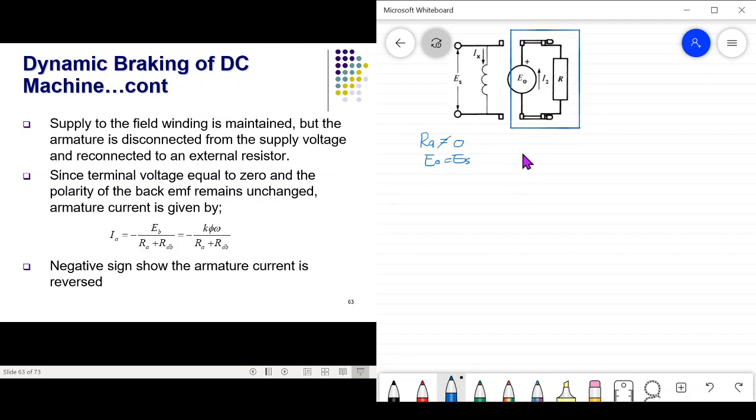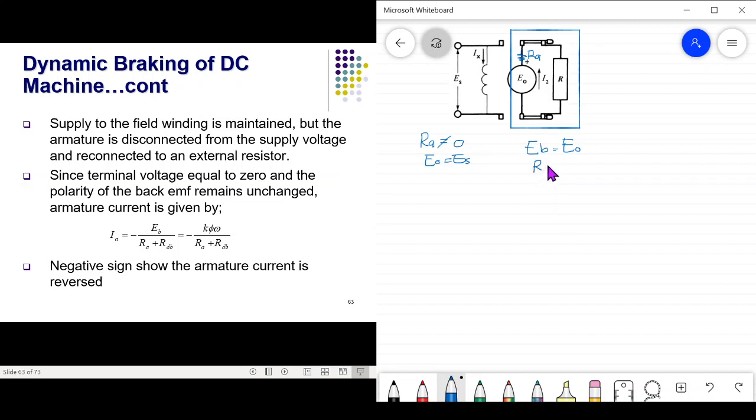From this figure, you have E0, so E0 is EB, and we have RA and then we have RDB.